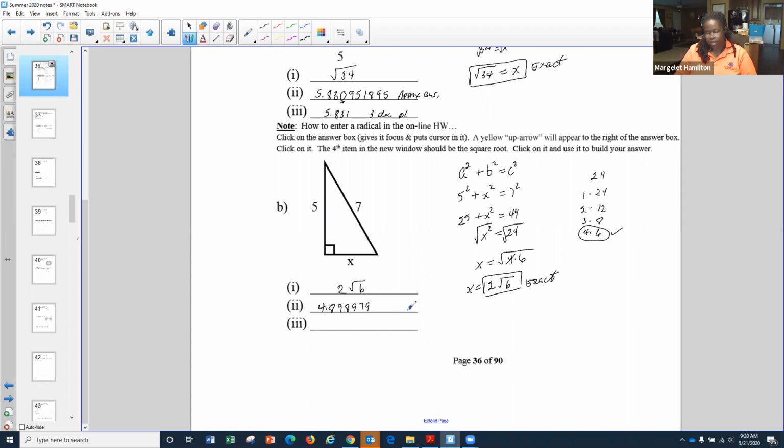All right. 4, 8, 6. Okay. Everybody should have gotten something like that. And then when we round it to 3 decimal places, remember, this is my 3rd place right there. When we round it up, because that 9 is behind it, we get 4.899.